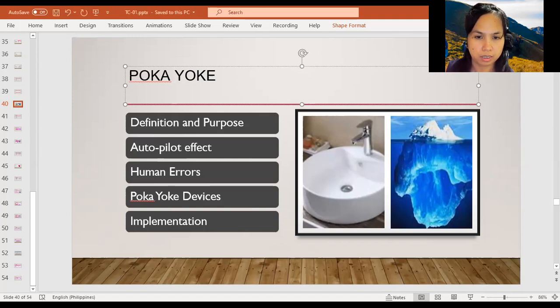Okay, for a scenario, let's begin first by asking questions such as, do you know why most manholes are round?